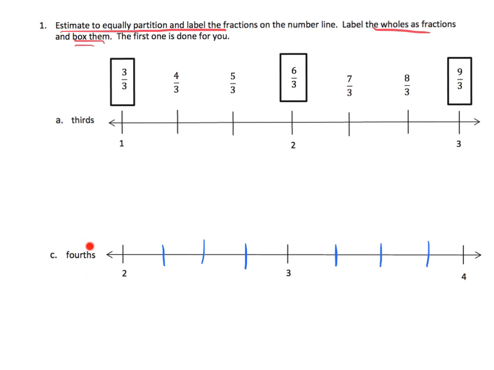So if our fractions are fourths, that means we know the denominator is going to be 4. So what is our numerator going to be so that it equals 2 wholes? So what is our fraction? How many fourths equals 2? And the answer is 8 fourths.